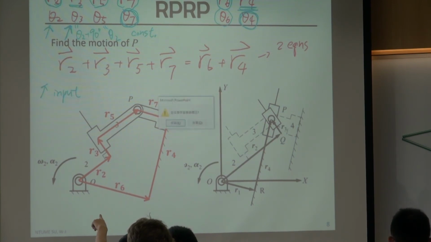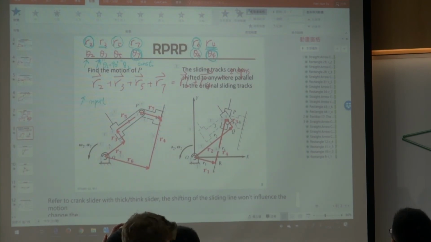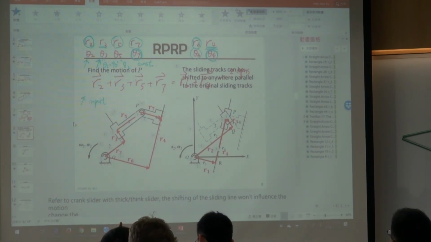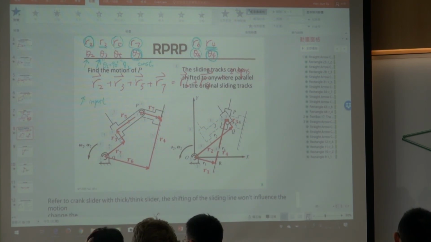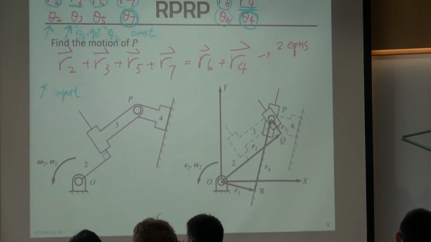So let me pop out. Right now we have this vector loop. Let me write this on the board first.